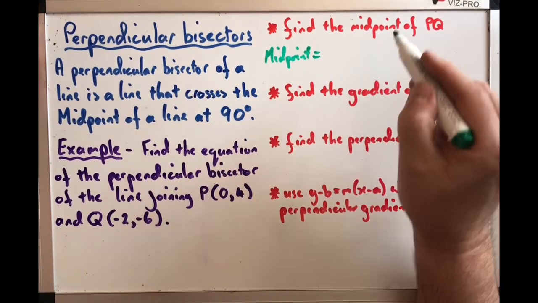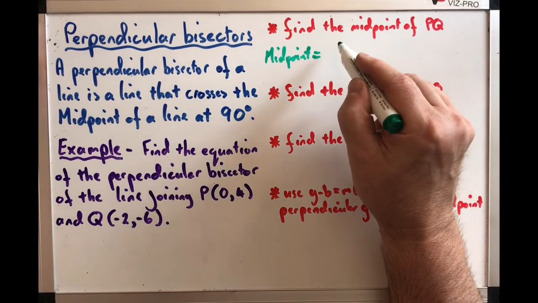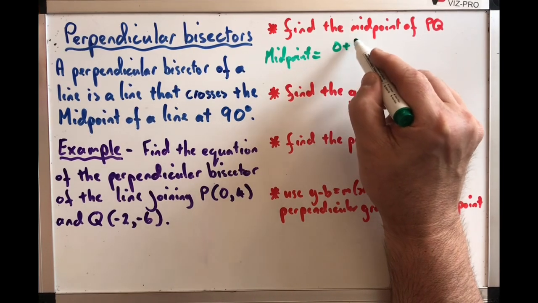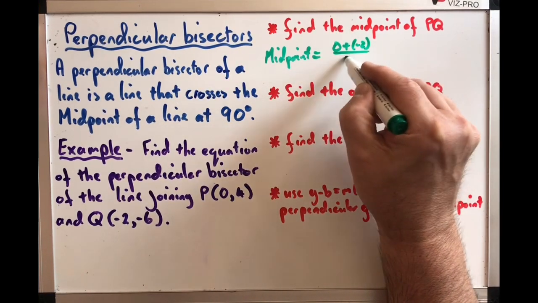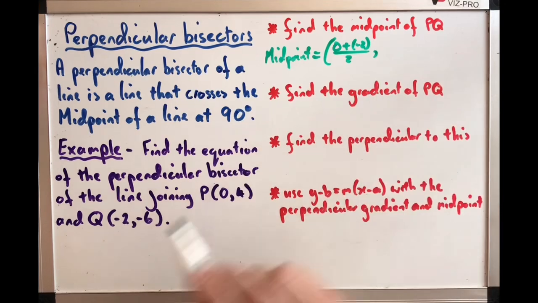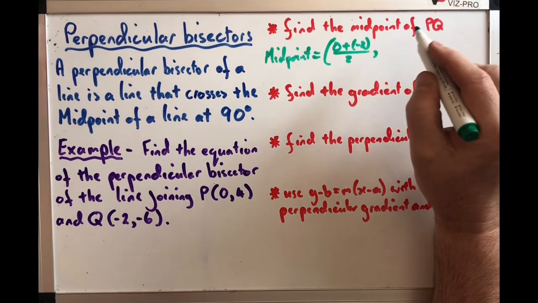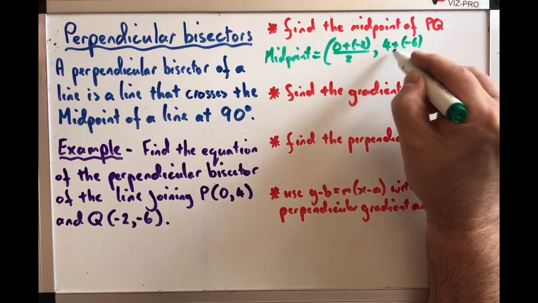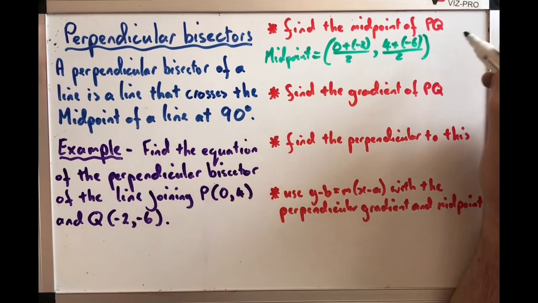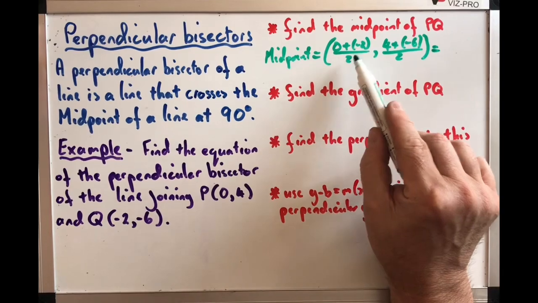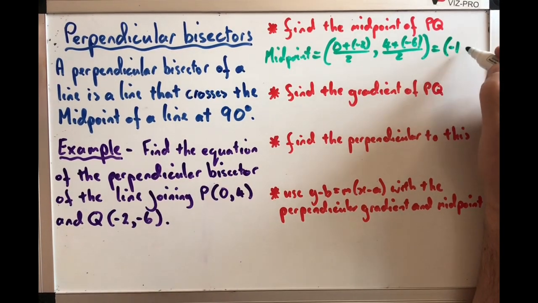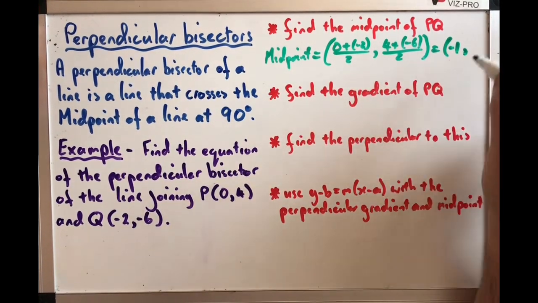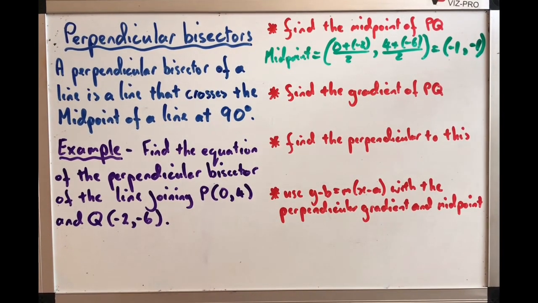Remember, we add the coordinates, so (0 plus -2) over 2, and (4 plus -6) over 2. Okay, so that gives me -2 over 2 is -1, -2 over 2, again -1. So we've got the point (-1, -1). We now have a point on the line.